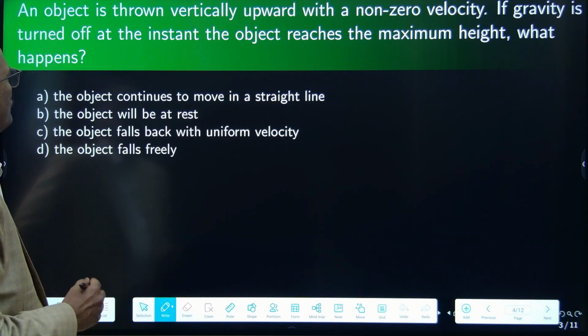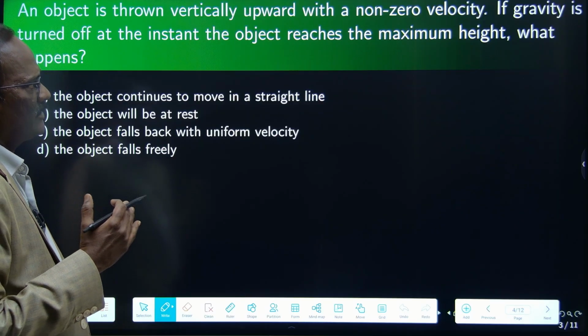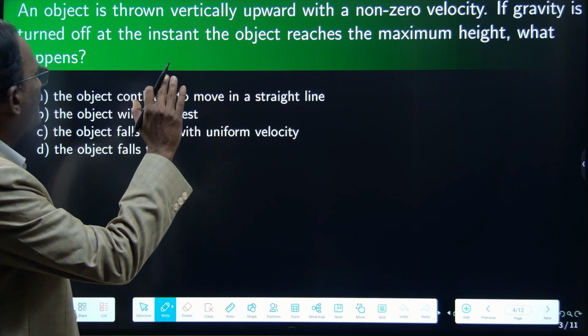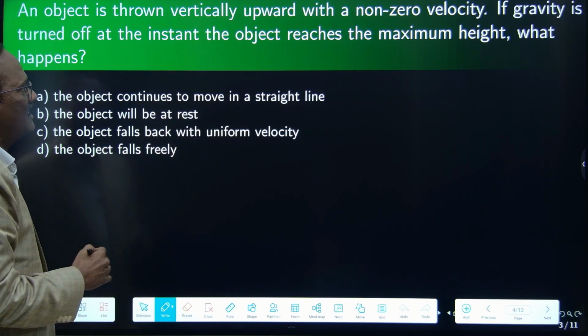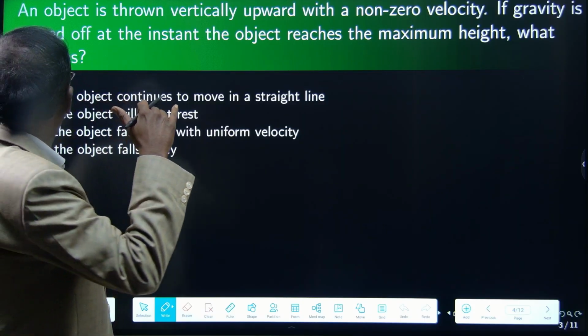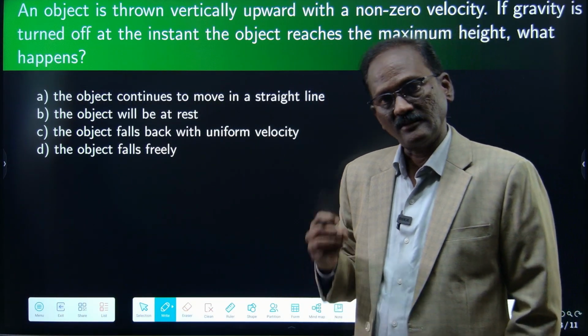The first one: an object is thrown vertically upwards with a non-zero velocity. It has some velocity, right? If gravity is turned off at the instant the object reaches the maximum height, what happens? The object is thrown with some velocity.